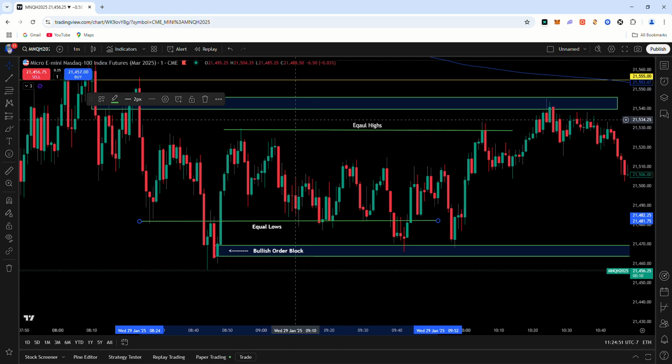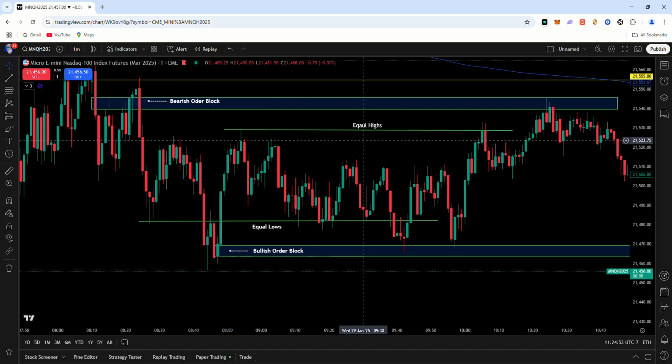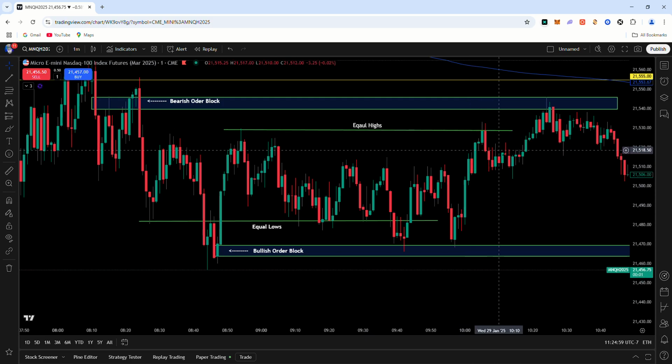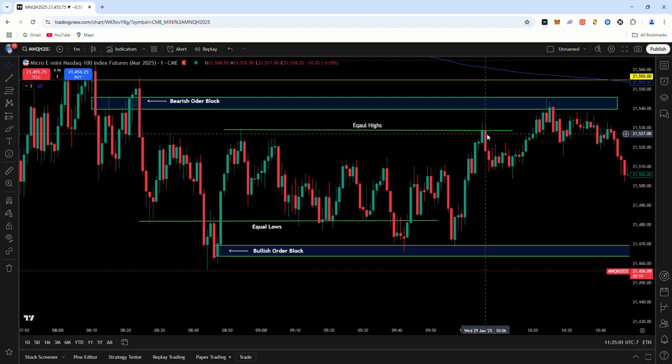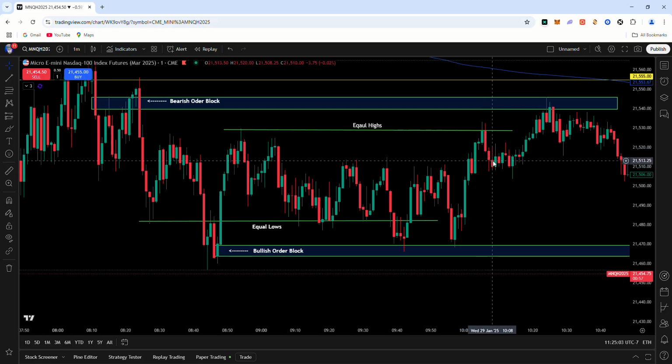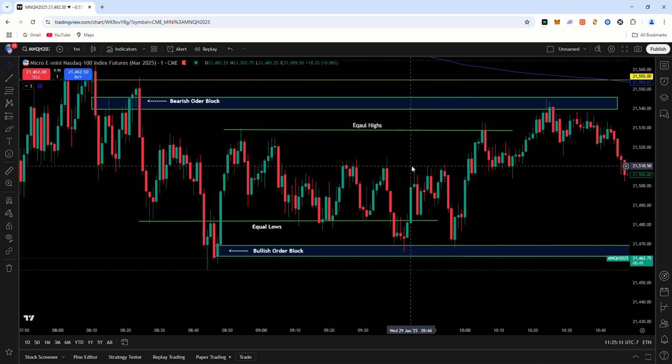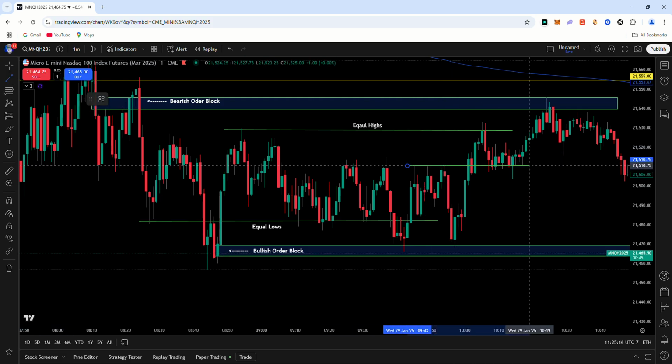And then we have the bearish order block scenario right here. We have the highs. Remember, it does bounce and short at equal highs. Remember, even if those highs that you short don't last, you have a nice dump to run down into. And of course, if you did short at these highs, you would probably get out where you start to see some type of support, which was right here off of these tops.